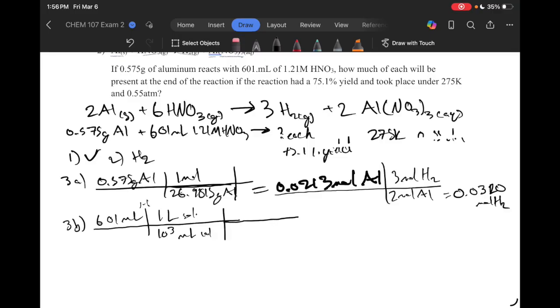and we multiply that by 1.21 moles of HNO3 over liters of solution. Okay, well, our milliliters cancel and our liters of solution cancel.